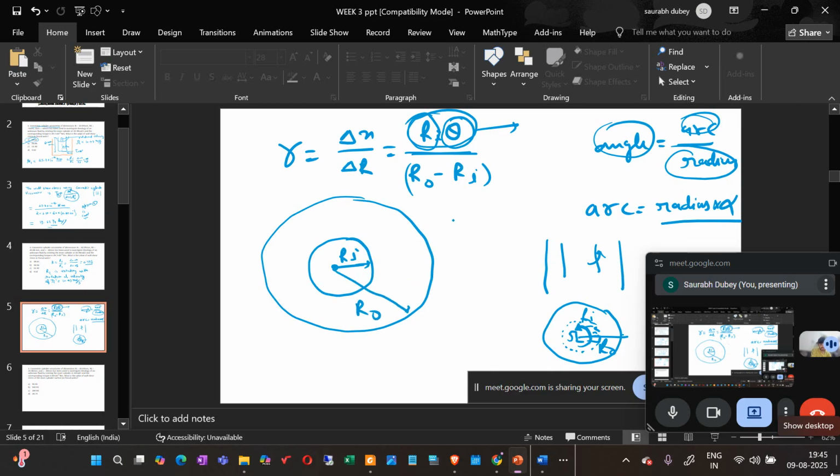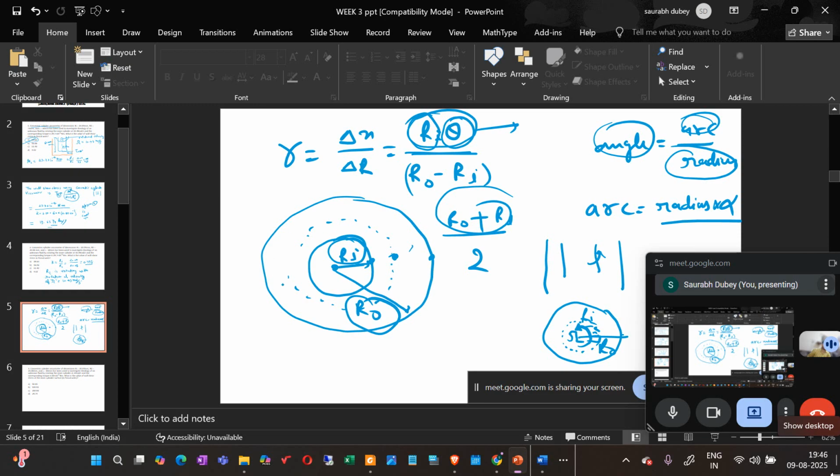So r0 plus ri, divided by 2, will be nothing but this particular arc, right? Suppose inner cylinder radius is 3, outer is 5, so 3 plus 5 is 8, divided by 2 is 4. So you are coming somewhere here, right? Every time you can just take some numbers for this, and you will come to know that r0 plus ri by 2 is nothing but the midpoint between this cylinder and that cylinder, right?